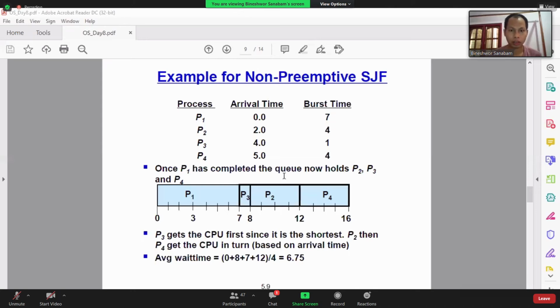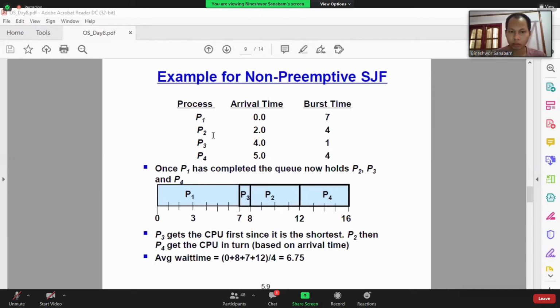In shortest job first, we have to try to find the shortest one. So at time 0, there is only one process, P1, so your CPU will be given to the process P1. It will start execution, and at time 2 we have another process, P2.